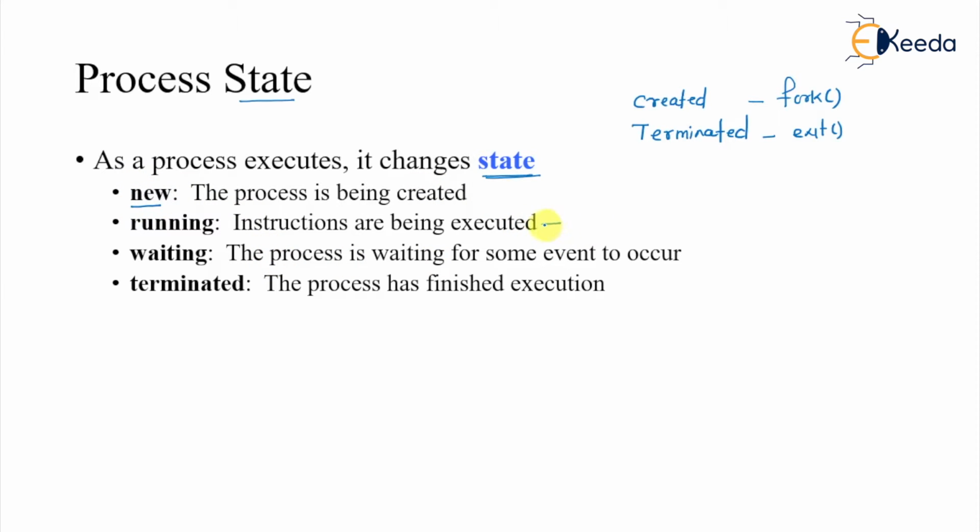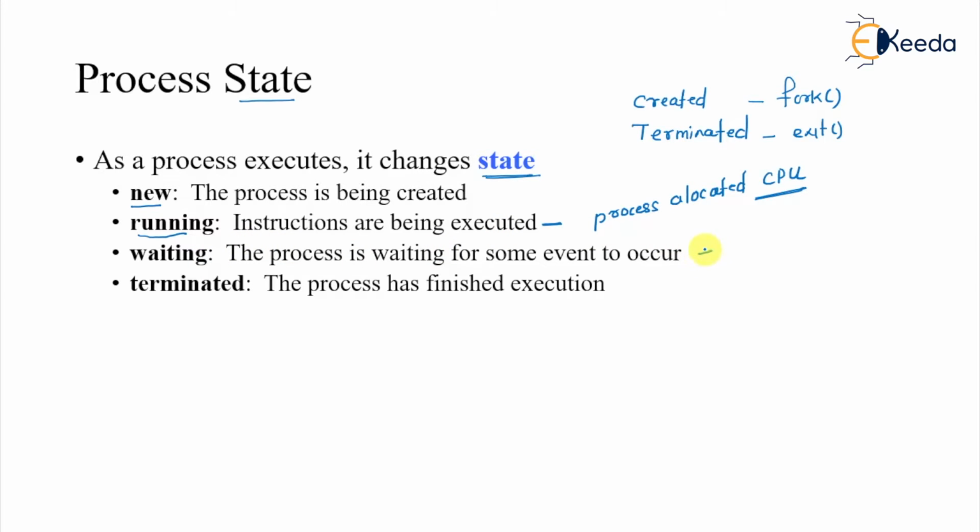Process execution: when a process is allocated the CPU and it is in execution, then it will be in a state called the running state.